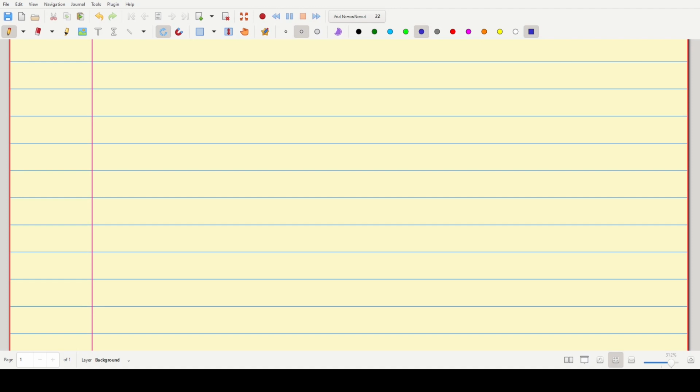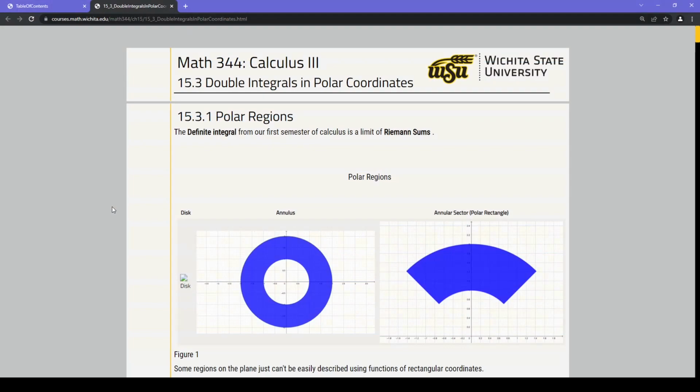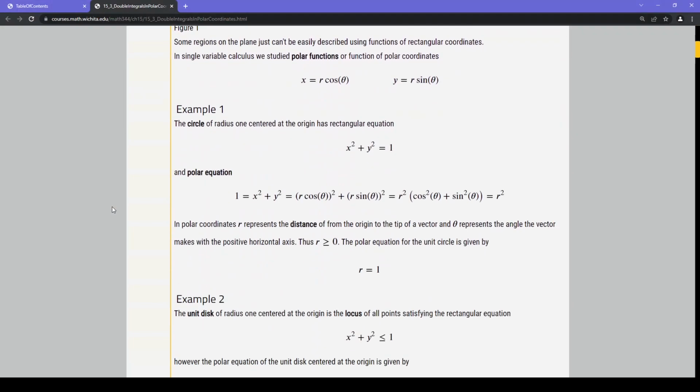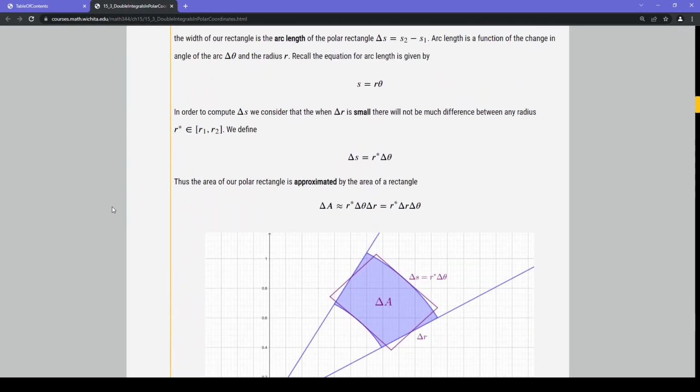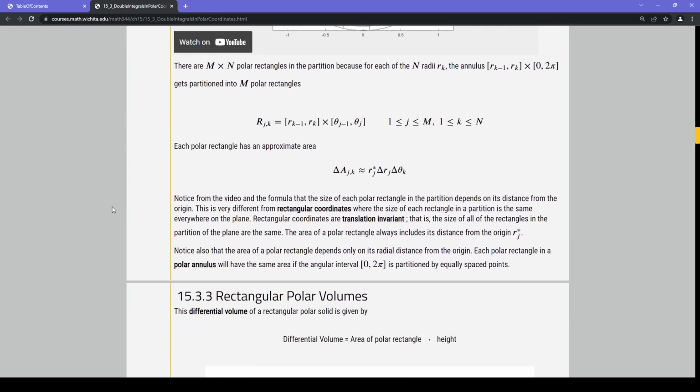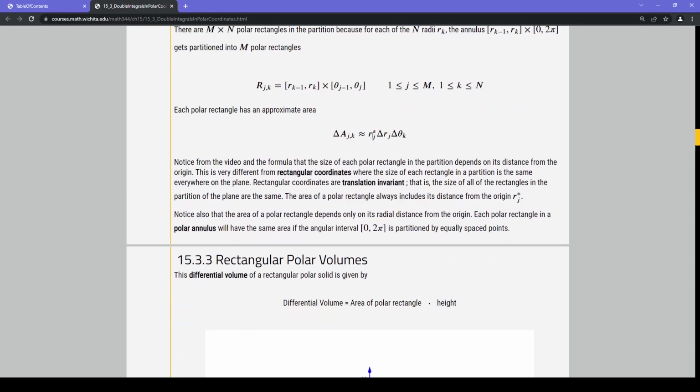Now, in the online notes, and we talked about this before the weekend, I went through the description to show what happens with the scaling factor and the fact that ultimately there is a difference between a polar rectangle and a regular rectangle.